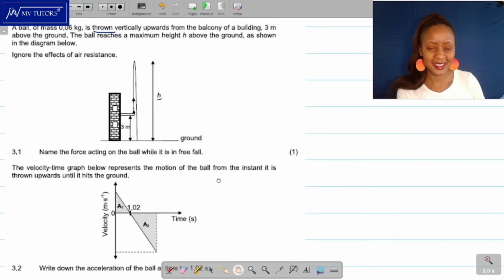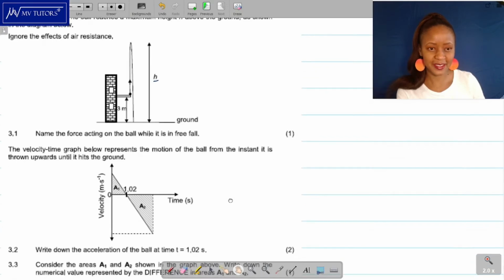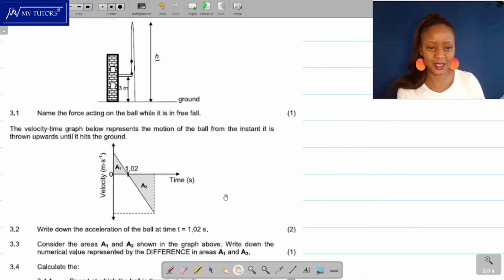It's fine, as long as you can see the question. So 3.1, name the force acting on the ball while it is in free fall. It's 1 mark. It's an easy question. You know that in free fall, the only force acting on an object, on a ball, will be gravitational force.